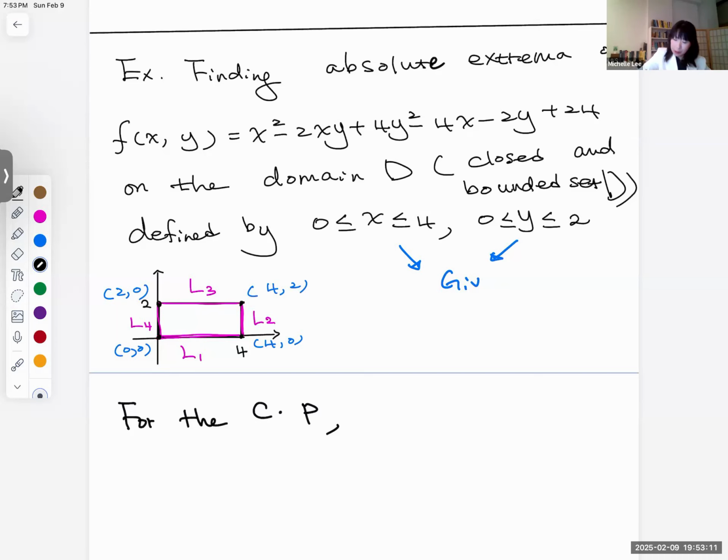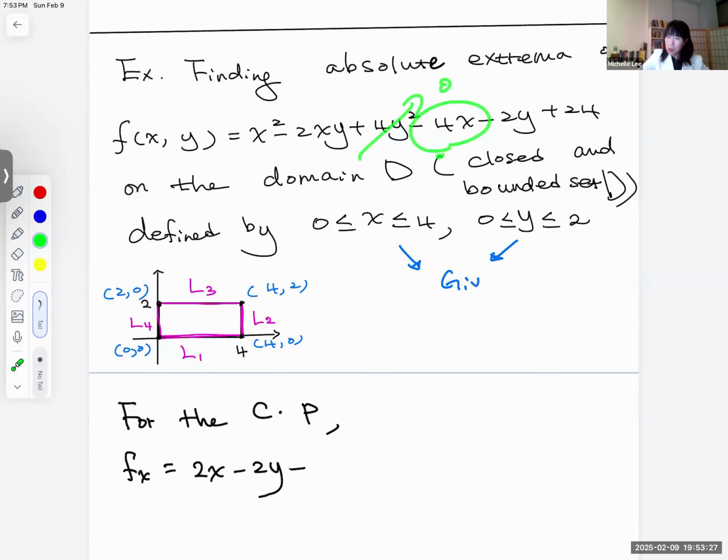Partial derivative with respect to x. So we get 2x minus 2y, this is 0, and this is negative 4, and 0, right? Okay, so 4.